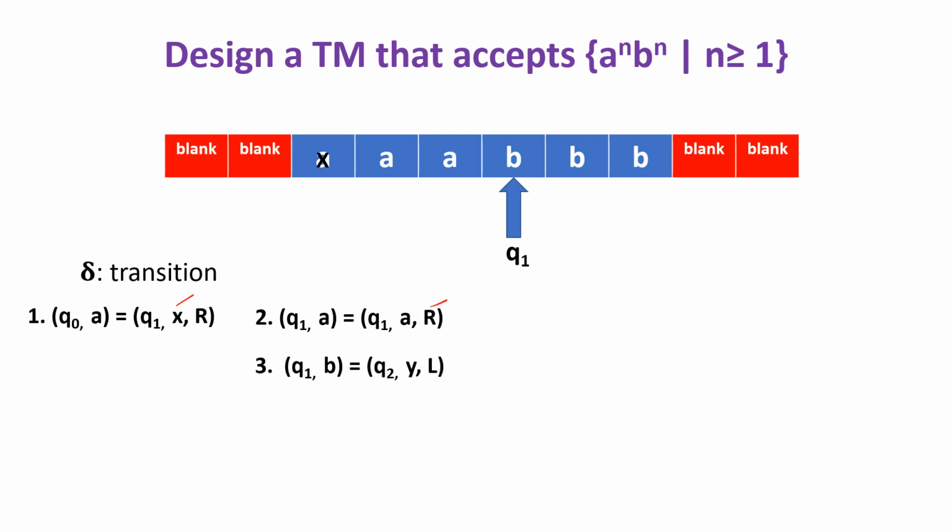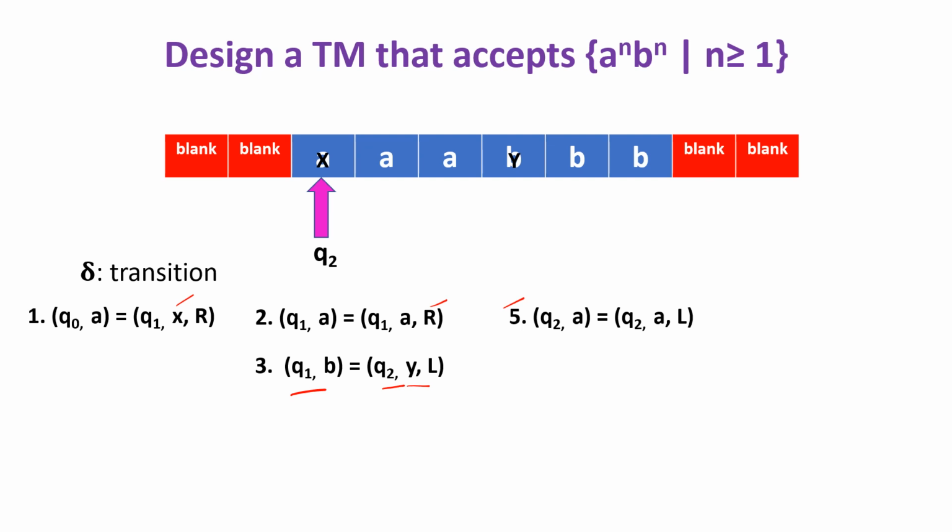Change the state from Q1 to Q2, replace B by Y and move towards the left. Next, in the left, we came across Q2 A. So Q2 A, keep Q2 as it is, A as it is and just move towards the left. Q2 A, already we have the fifth transition for it.